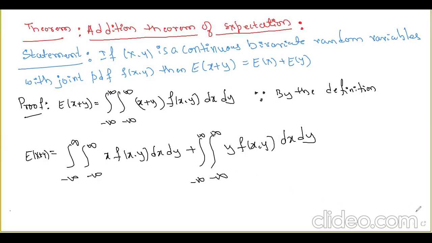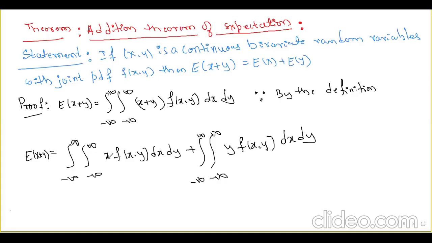Now again the procedure will be the same here. Integration minus infinity to infinity, x, integration minus infinity to infinity f of xy dy, into dx. Here we take x outside, so we are taking first with respect to dy.